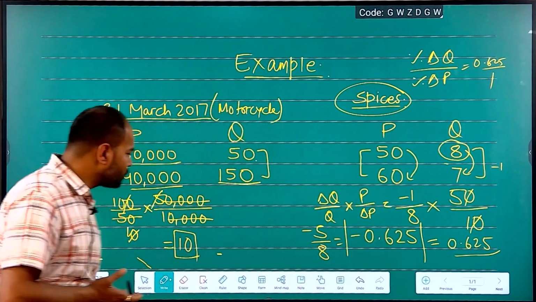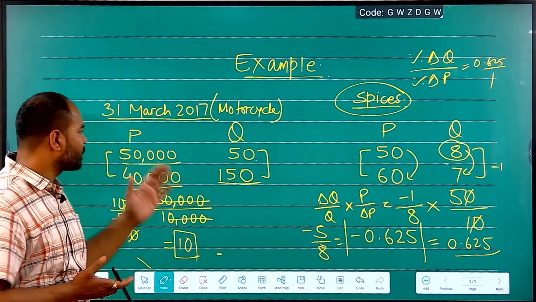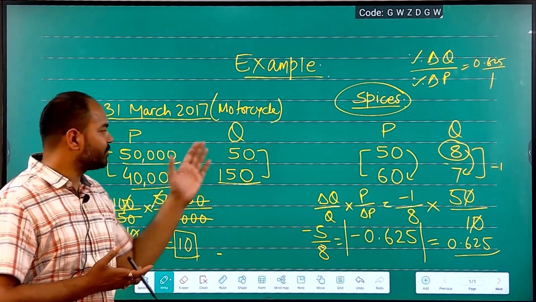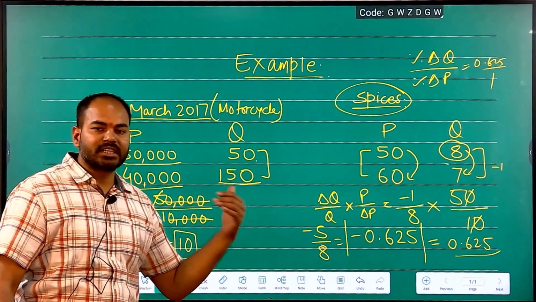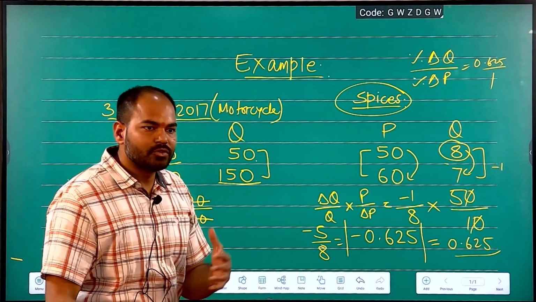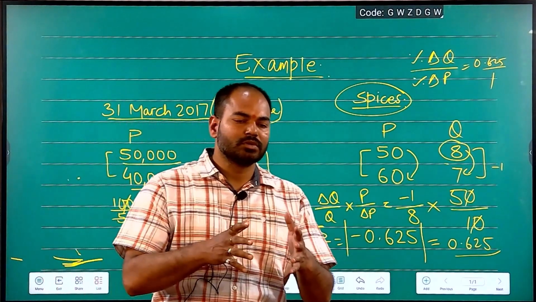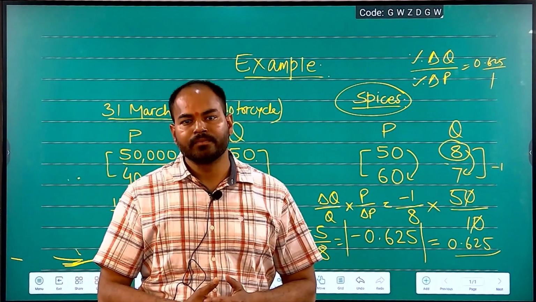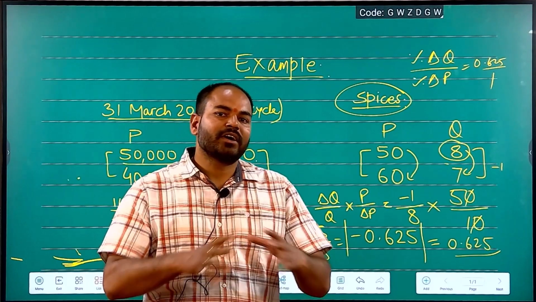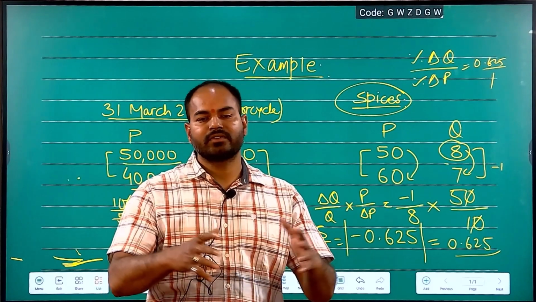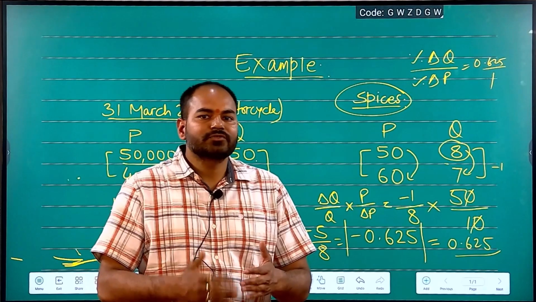But in case of luxury, what happens? Price is the major factor that affects the demand. Let's take an example. What happens if you go to the showroom today, you want to have a car, and the showroom owner says that the final price for this car is say 7,50,000. You ask for more discount.